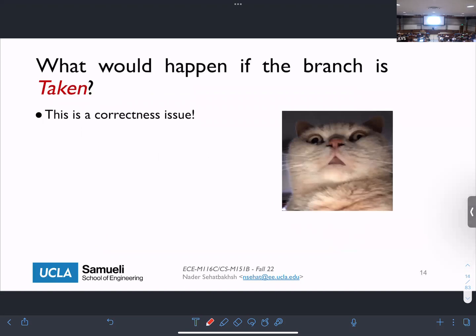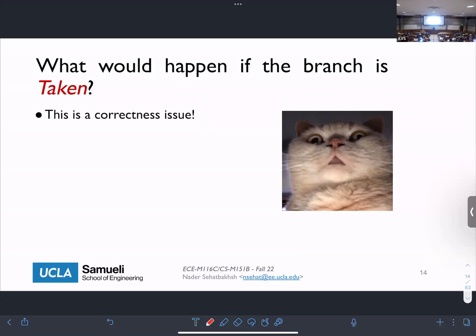Okay. Before jumping into how we can do it better, we also need to talk about what would happen if we make an incorrect decision. Because in an ideal scenario we'd get to 100%, but in a realistic scenario we never do. There will be some combination of instructions where we just made a mistake.